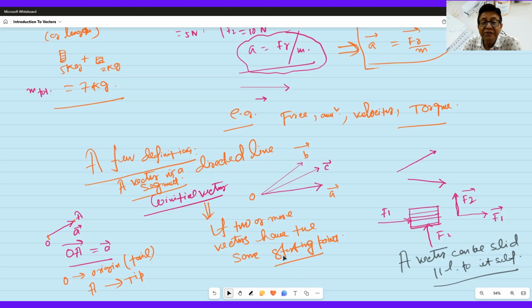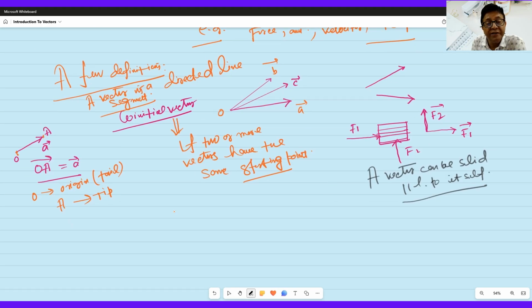So these three vectors A, B, C are co-initial vectors. In this diagram, A, B and C are co-initial vectors.